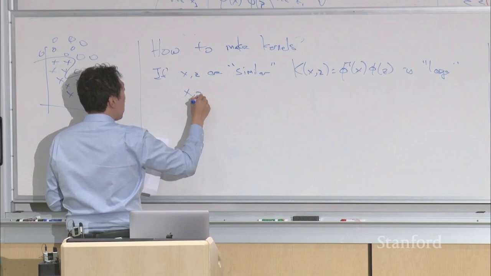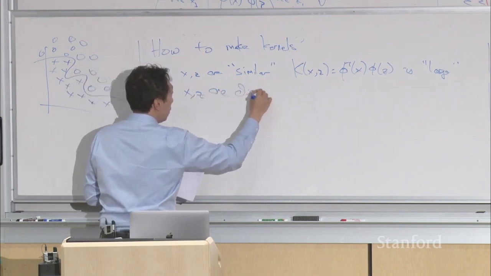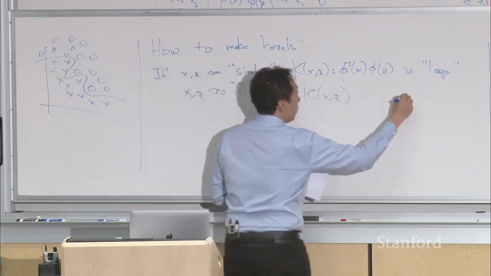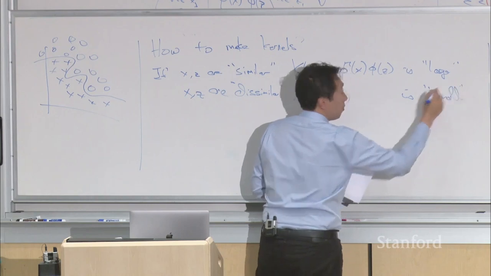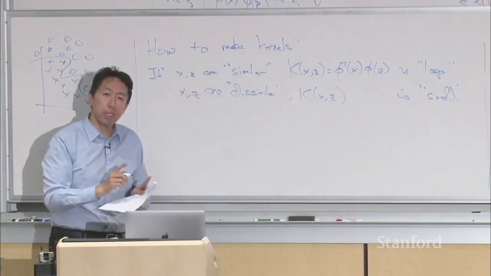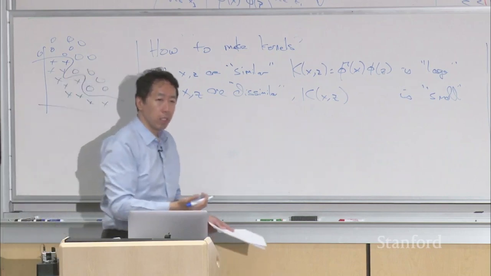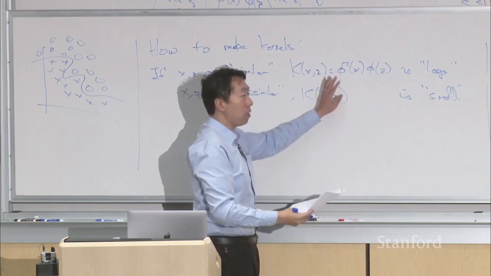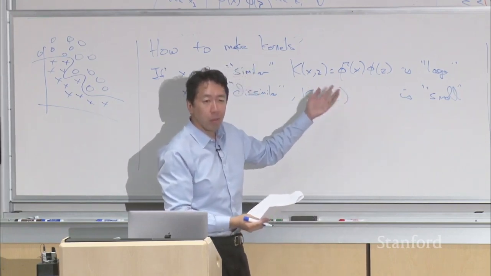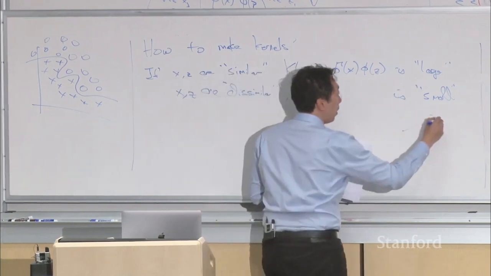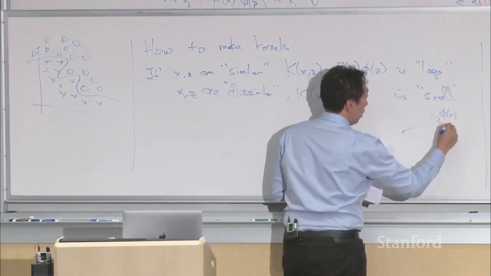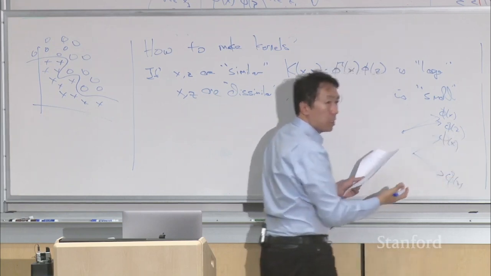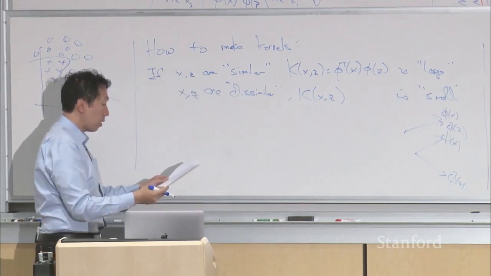And conversely, if x and z are dissimilar, then k of x,z maybe should be small, right? Because the inner product of two very similar vectors that are pointing in the same direction should be large, and the inner product of two dissimilar vectors should be small. So this is one guiding principle behind what you see in a lot of kernels. If this is phi of x and this is phi of z, the inner product is large, but if they point off in random directions, the inner product will be small. That's how vector inner product works.